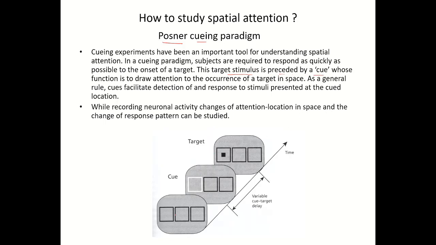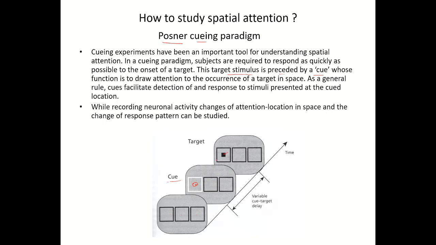You see here the subject will see first three squares or boxes, then one will light up, and that is the cue that you would expect something to appear here.